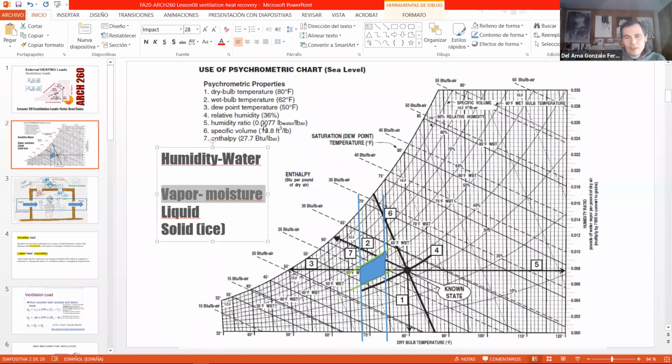But this is a concept that we don't use. We use the relative humidity. Why? Probably because from 0 to 100, it's very easy to understand. We have a scale: 0 is very low, 100 is the maximum. The humidity ratio, look at this, it's 0.0077, and the scale goes from 0 to 0.03.